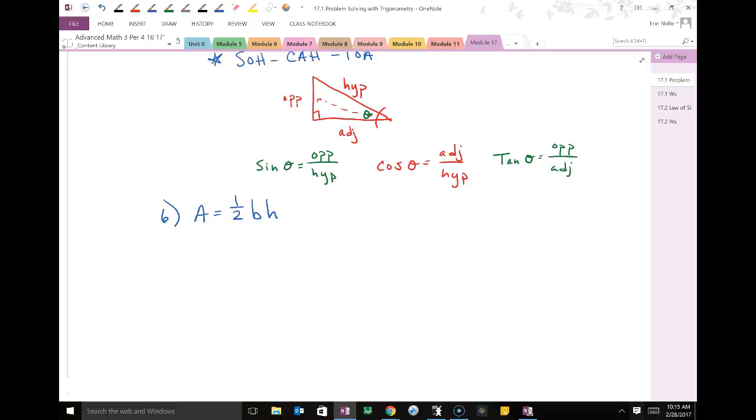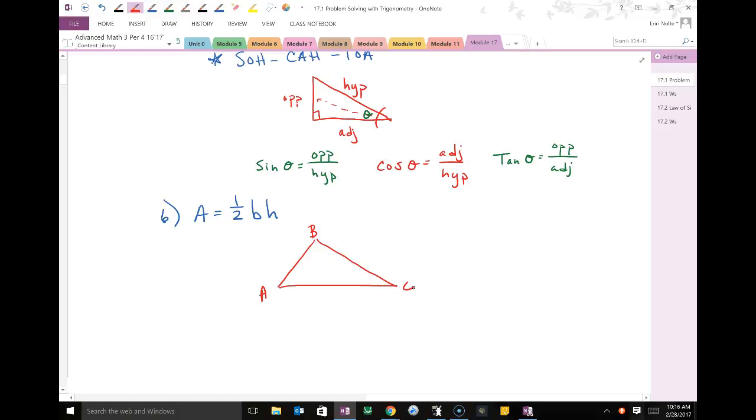Let me draw a picture of a triangle for you. Theoretically, I should be able to find the area of any triangle, right? Well, here's my triangle A, B, C. How do I find the area? Well, you've got to find which one's the base.